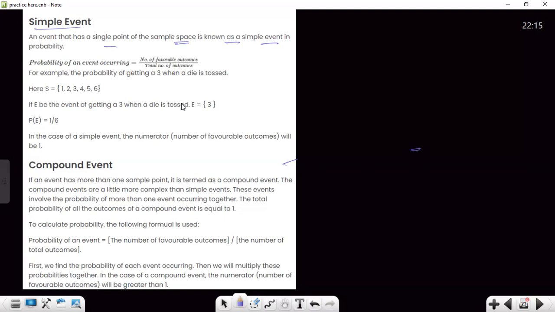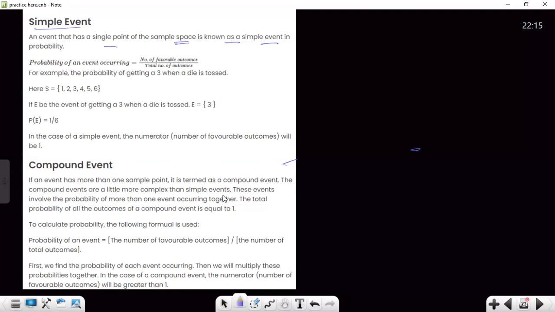Let's take an example. There's no example given from real life. Let me think for it. Actually, in real life, there's no such event when only one contingency is there.